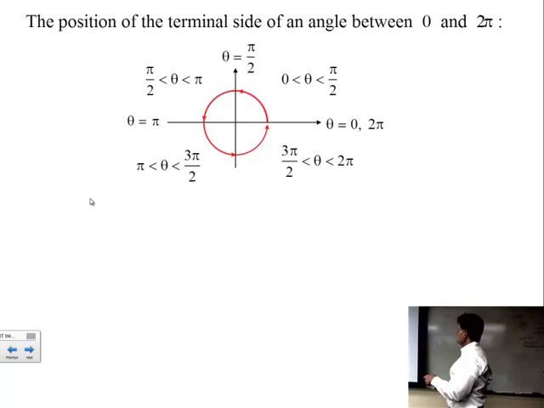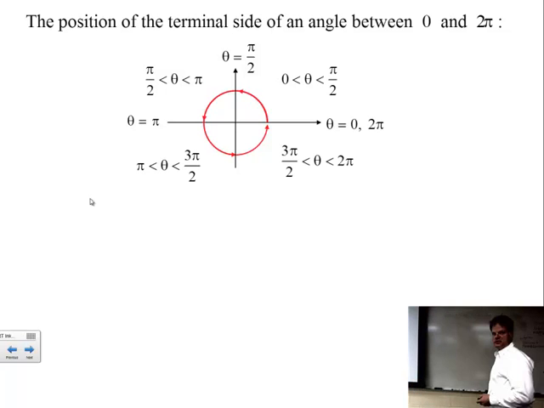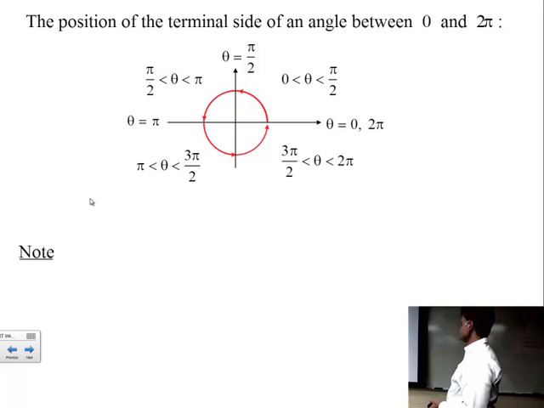And then the axes themselves, the positive x-axis represents the angle 0, which is also coterminal with one complete revolution, so it could be 2 pi, and it could be 4 pi, or minus 2 pi, and so forth. Positive y-axis is pi over 2, or anything coterminal with it. Negative x-axis is pi, and negative y-axis is not listed there, but it's 3 pi over 2, or minus pi over 2. Thank you.